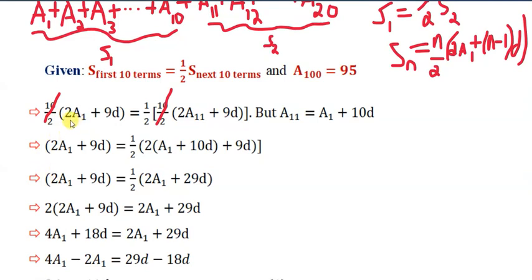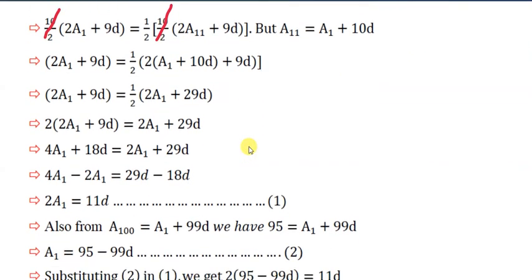And then to the left we have 2a1 plus 9d is equal to 1 over 2 times 2 times a11. Since our a11 is a1 plus 10d, instead of writing a11, write a1 plus 10d and close the bracket, plus 9d.